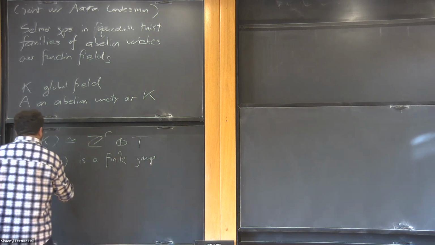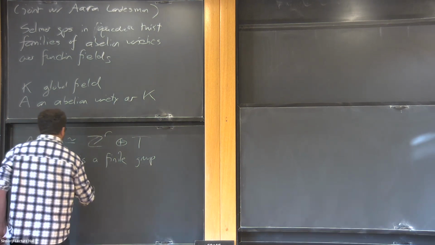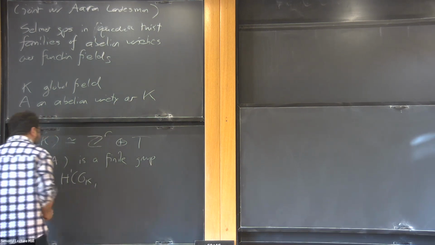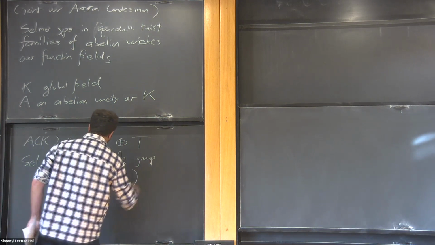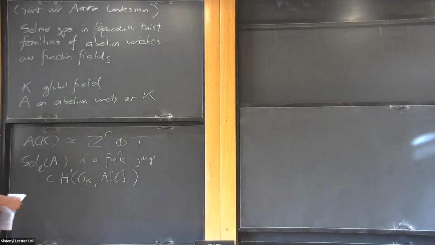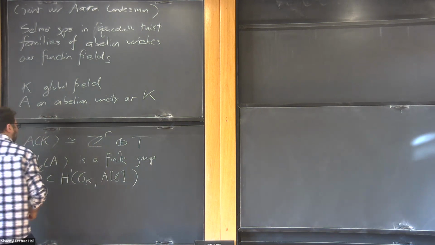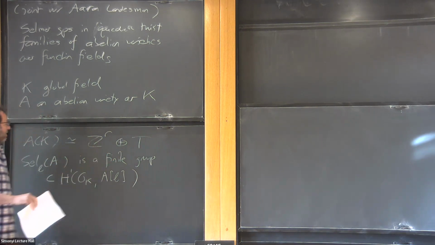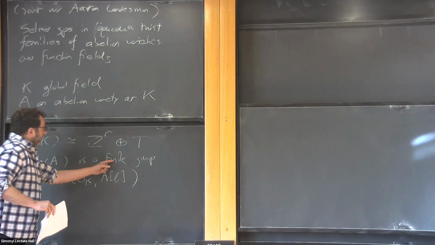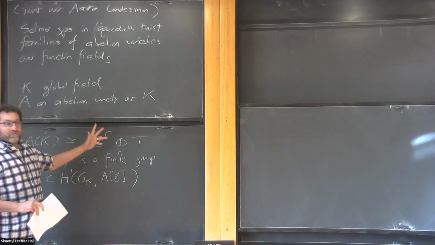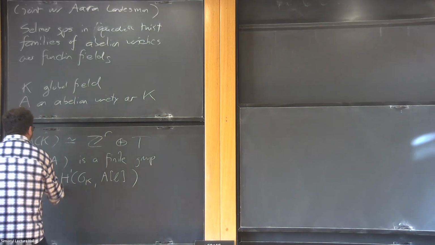Maybe I will at least say that it sits inside a Galois cohomology group, H^1 of G_K with coefficients in the L-torsion of A. It's actually a finite dimensional space over Z mod LZ, and its dimension is an upper bound for R. That's fundamentally why we care about it.